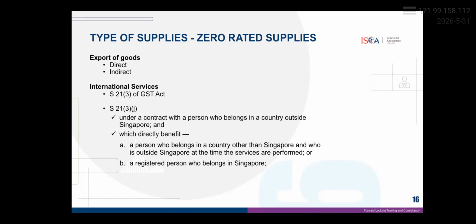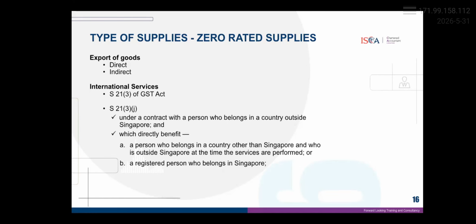So as you can see, there are different types of supply. There's a zero-rated supply for exportation, but zero-rated supply also applies for international services, so goods or services. When we look at the exportation of goods, we look at the beginning location and the ending location of the goods.